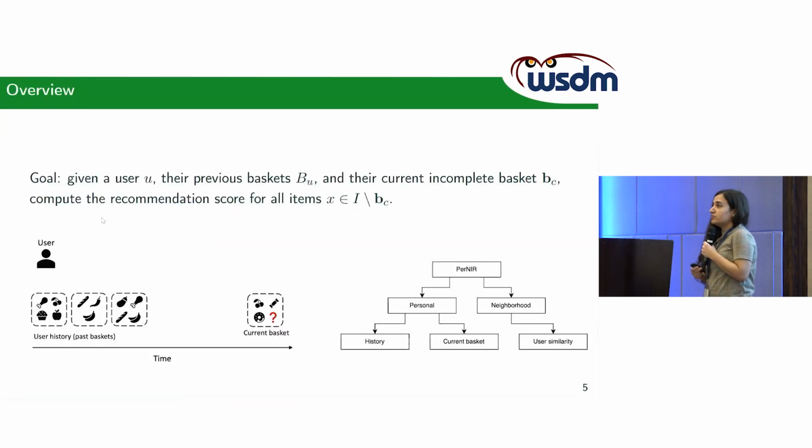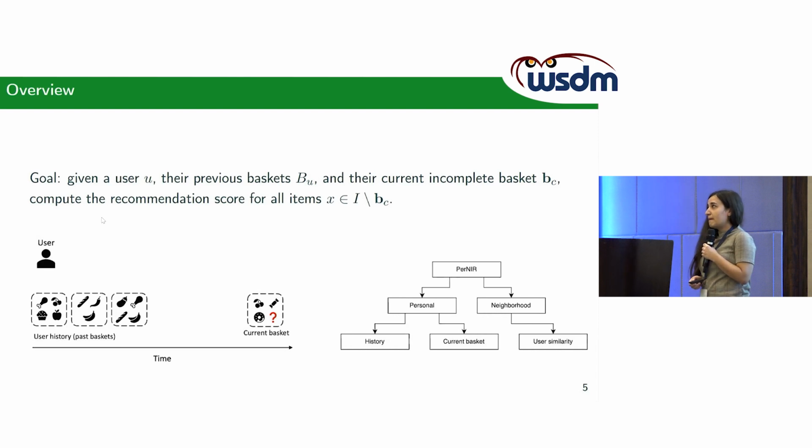Again, to recap, the goal of this system is to assign a relevance score, or recommendation score, to the items in the catalog, except the ones that are currently in the user's basket, given a user, the history of this user, and the current basket.